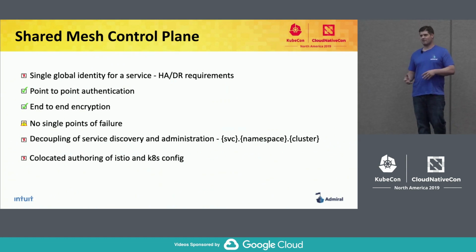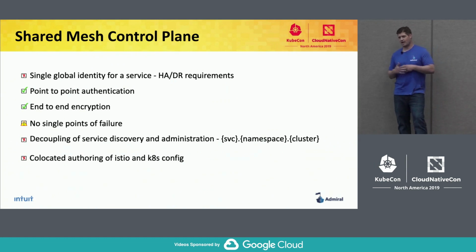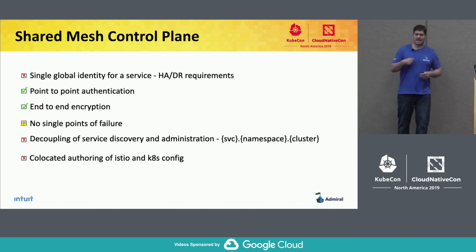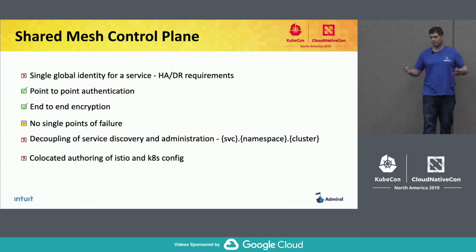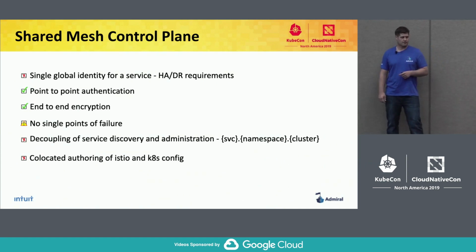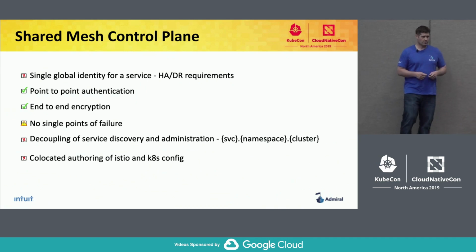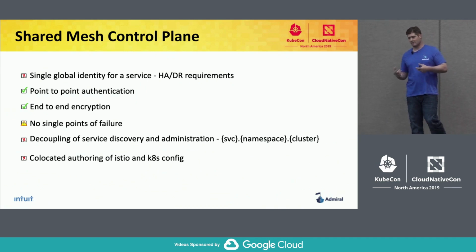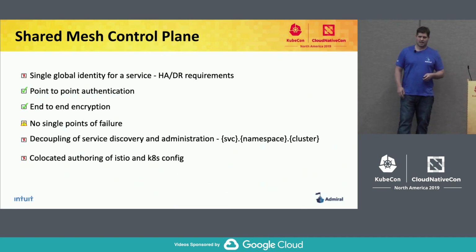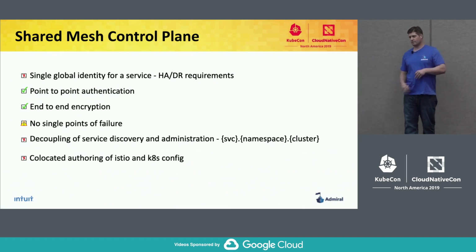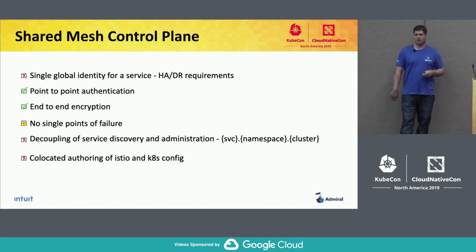Technically, you can make that shared control plane highly available and have multiple deployments of it, but you're going to have to put a lot of care and time into making sure it doesn't break. Because if any of the clusters can't connect into that control plane to get configuration for their proxies, you won't be able to auto-scale effectively in the cluster. Also, we didn't do anything to decouple the naming scheme from the namespace. And the way we author our Istio configuration is in a control plane that's separate from the service's control plane, which makes things a little awkward for developers.